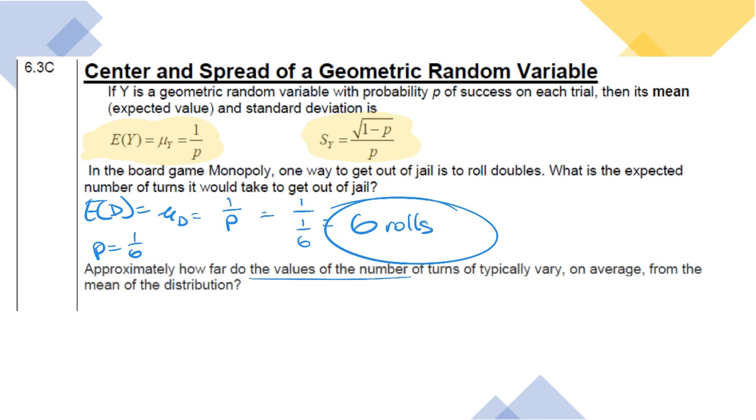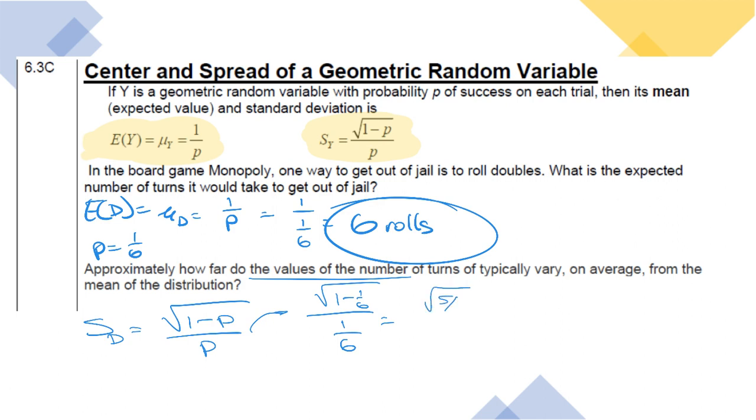So how far do the values typically vary? Well, S of D equals the square root of 1 minus our probability divided by our probability squared. Let's fill these values in. Square root of 1 minus 1/6 over 1/6 squared equals the square root of 5/6 times 36 equals the square root of 30.